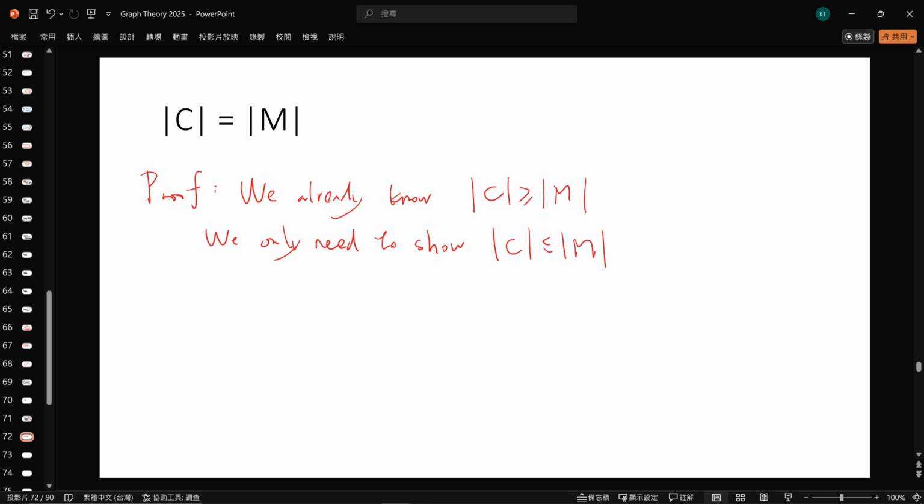Okay, so how to show that the size of the vertex cover is at most the size of the matching? First of all, I claim that all these vertices in C are saturated.